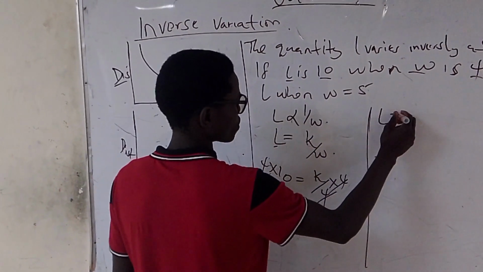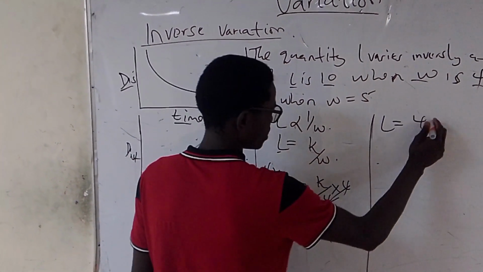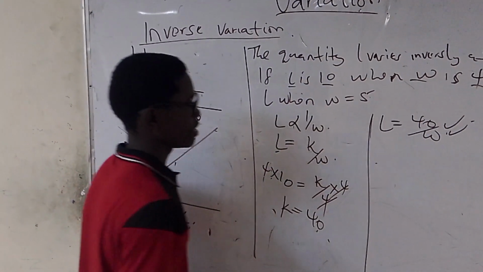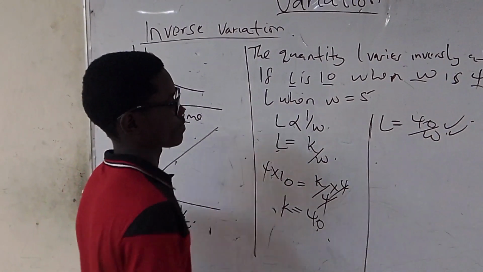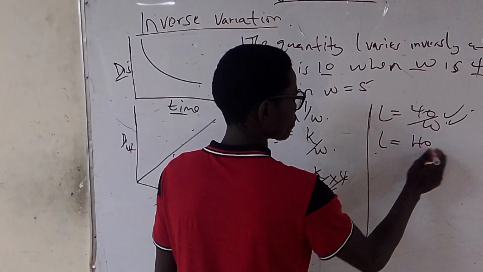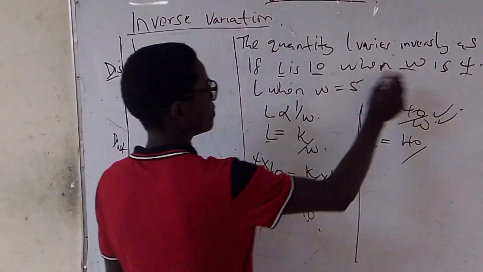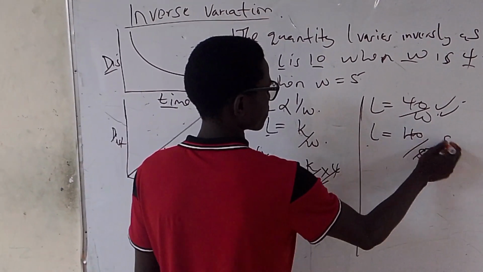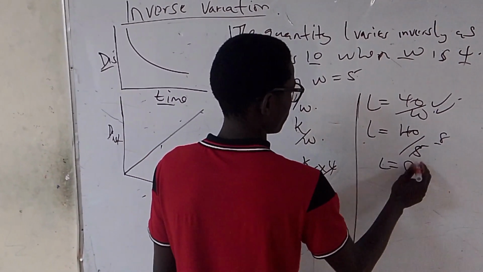So L is equal to K, which is 40, over W. That is the law connecting the two. So L is equal to 40 over 5. L is equal to 8.